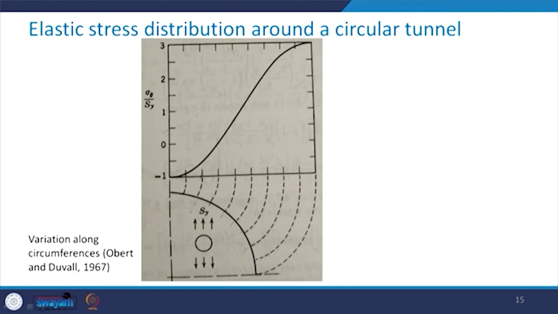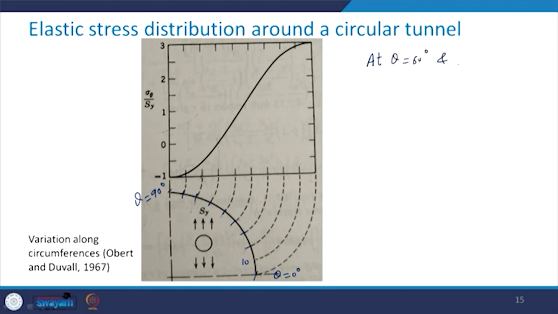So, move along the circumference from theta equal to 0 degree to theta equal to 90 degree. This is 0 degree, then you have 10, 20, 30, 40, 50, 60, 70, 80, and this point is 90 degree. Now, take a look at what happens at theta equal to 60 degree.